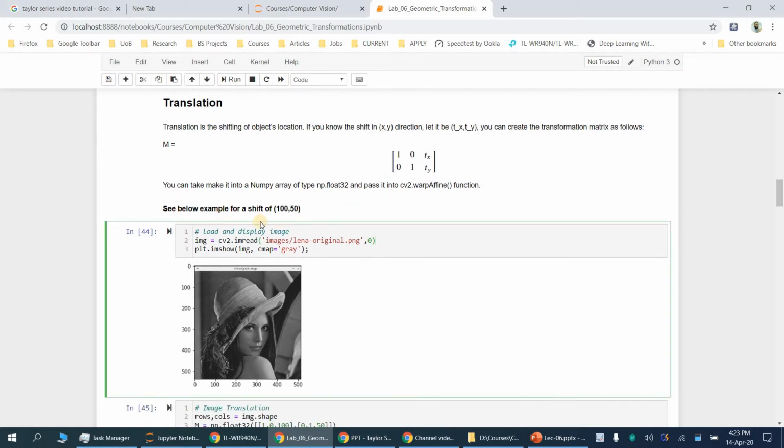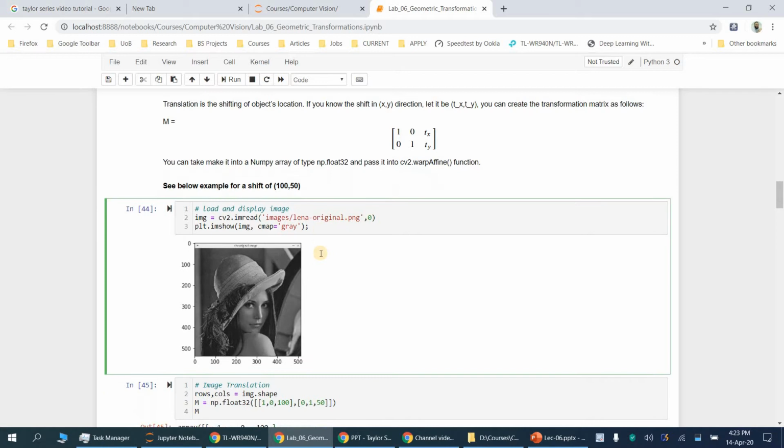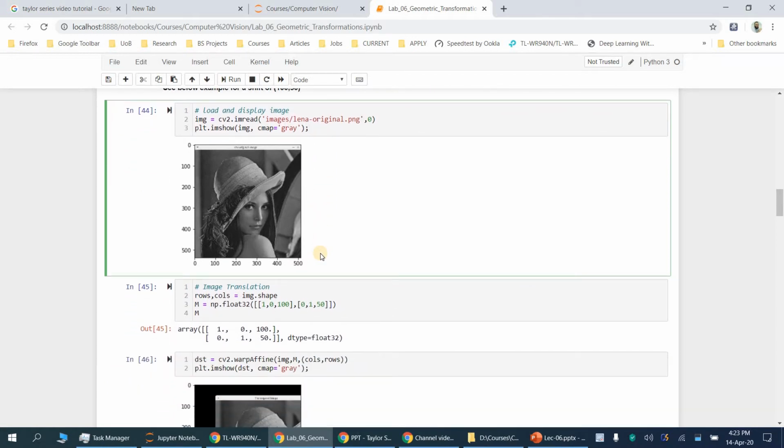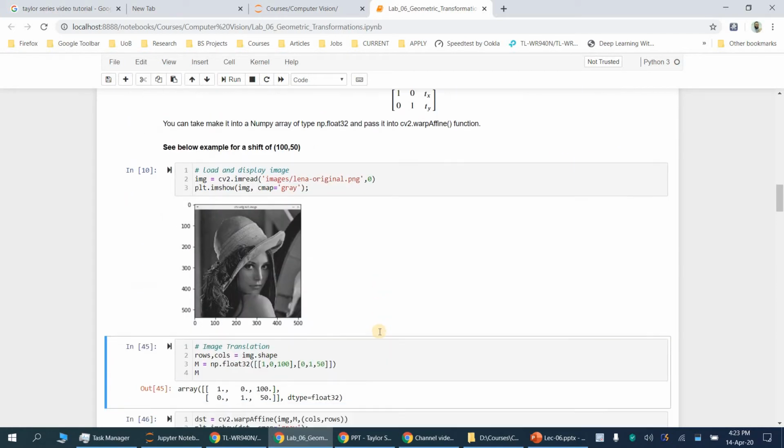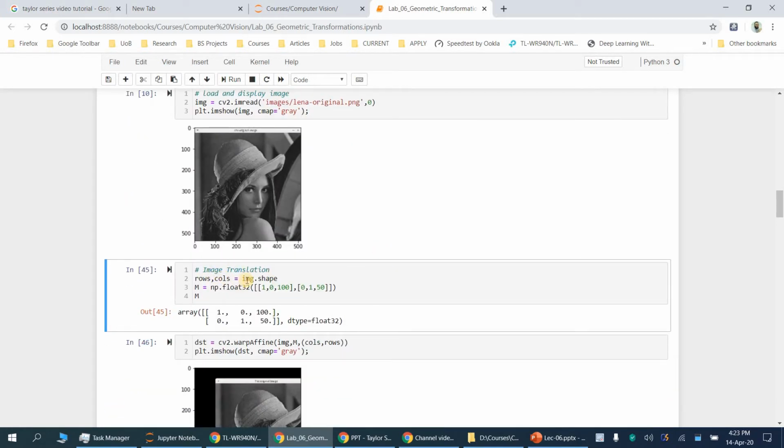So let's say you have this image lena.jpg, lena original.png, and you want to shift it 100 in the x direction and 50 in the y direction. How will it work? Let me load it. Then I create this matrix. This is a 2 by 3 matrix. You see 1, 0 and 100.